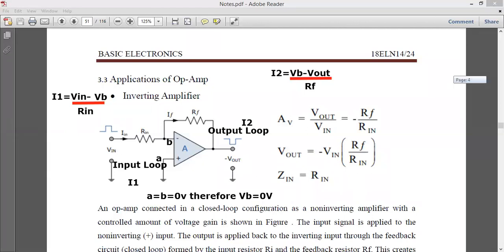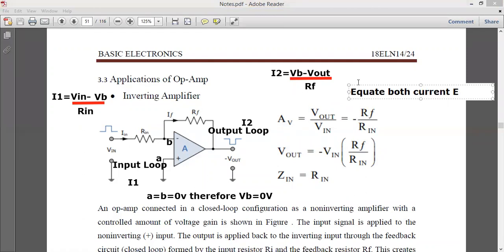Okay, so once you get this current I1 and once you find the current I2, the next thing what you can do here is go for finding the equations, or simply you can equate both the current equations.